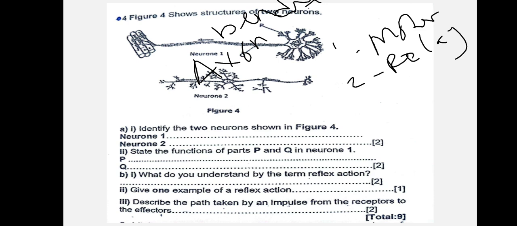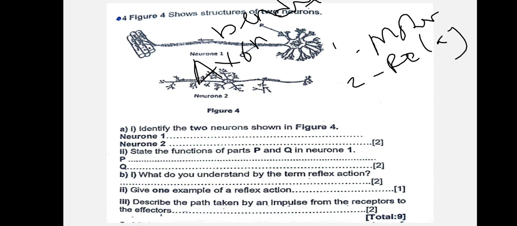The B says, what do you understand by the term reflex action? Basically, what we mean by reflex action is a rapid automatic response that a human can give unconsciously.